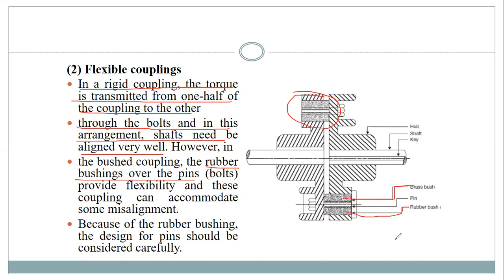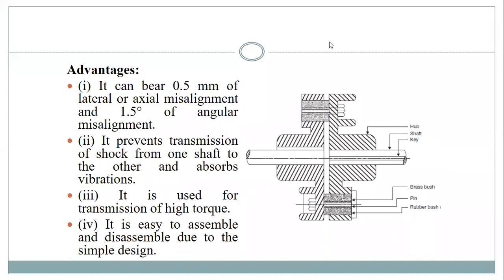So these rubber bushings or brass bushings over the bolts will provide the flexibility, and it can accommodate a small amount of misalignment. Because of rubber bushings, the design of pins has to be done properly. The pins which we are going to use, or bolts we call it, its design should be done properly. Don't worry, we are going to see it in detail properly.